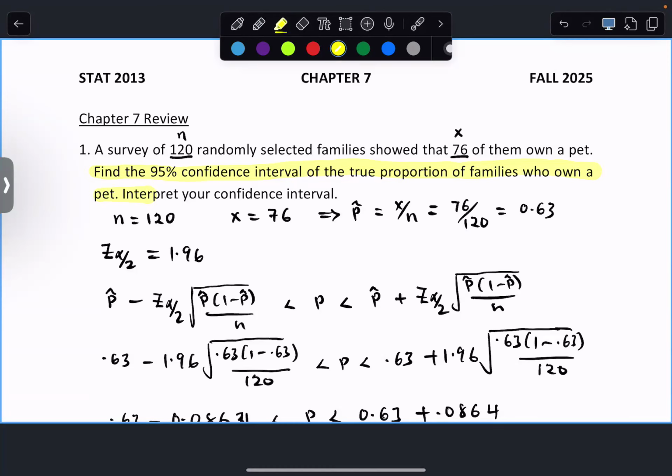So we usually take the words from the problem and use them as our interpretation. Does that make sense? Say that. But we are not 100% confident that the true proportion lies between those two numbers. Yes, great.